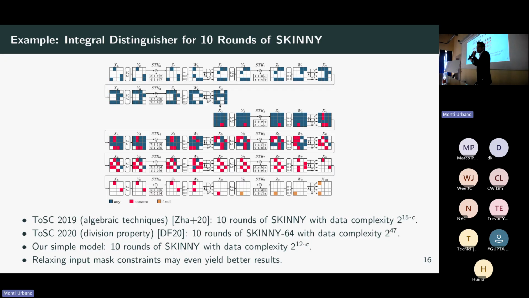Again, we can use those models for division property or zero correlation, but the model for division property becomes very hard to solve for tweakable block ciphers, because of a lot of copy operations in the tweak schedule, especially if the number of parallel tweak lines is high, like in SKCAM. People who have tried it know very well that it becomes very hard to solve if you model it for a large number of rounds.